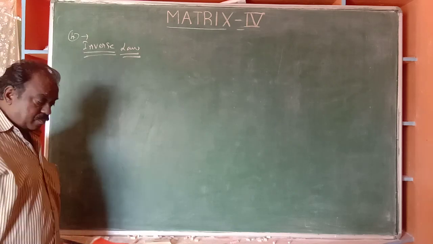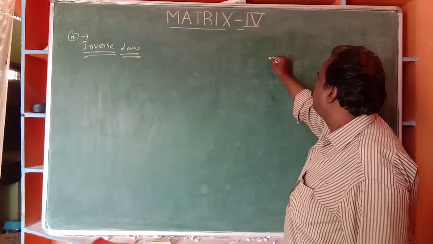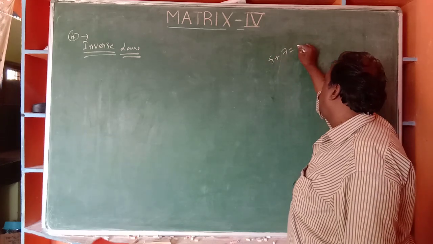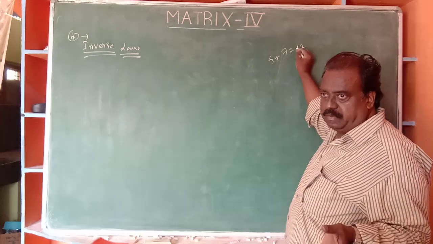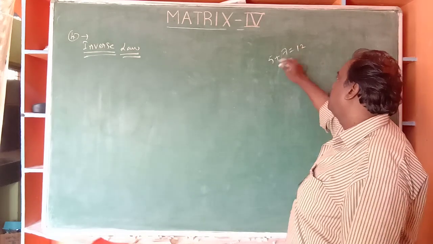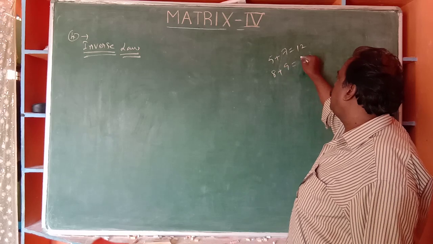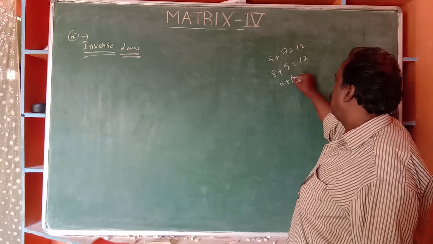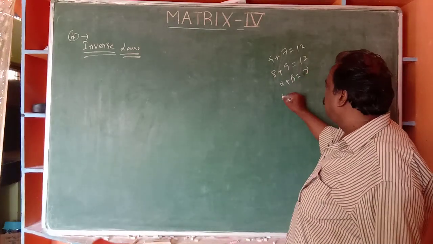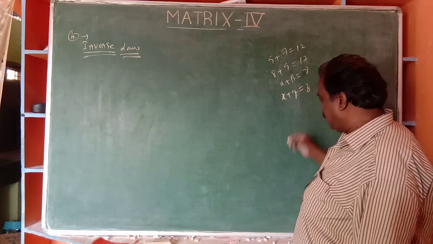You see, in the numbers, the sum of two numbers is again a different number, not that number. 5 plus 7 is equal to 12. 8 plus 9 is equal to 17. Alpha plus beta is not alpha, is not beta, it is a new number gamma. X plus y is a new number z, like that.